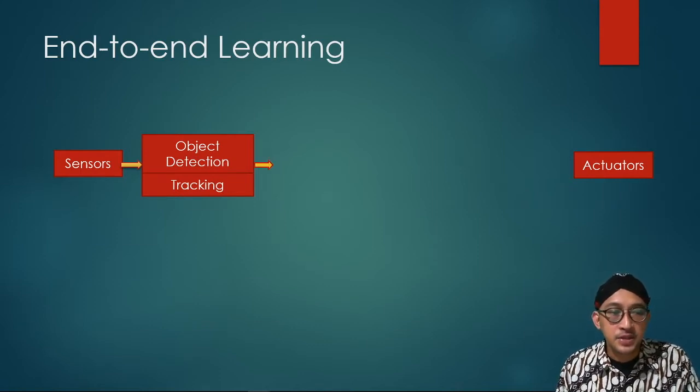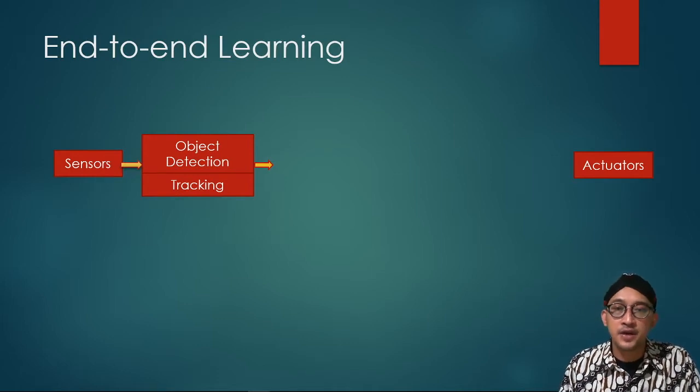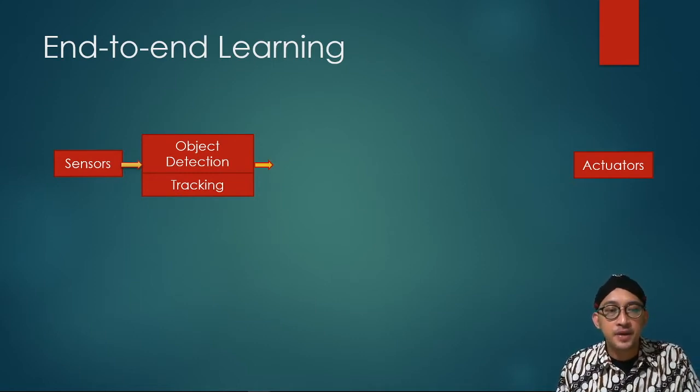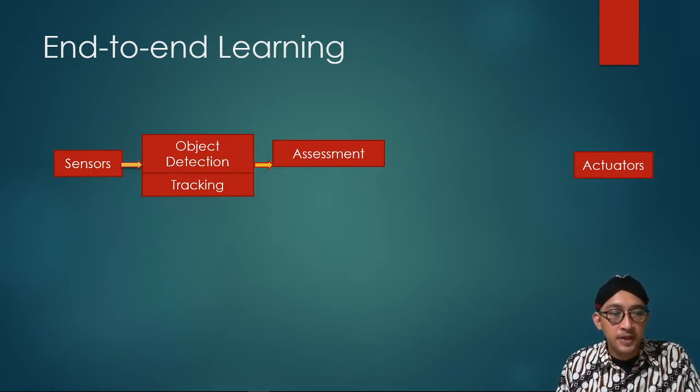Next, we still need to devise a method to assess the situation of the robot itself. It needs to know if it is in danger, or maybe somehow causing danger to others. Or maybe, in some cases, it needs to predict what happens next.